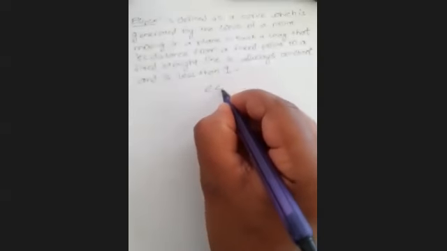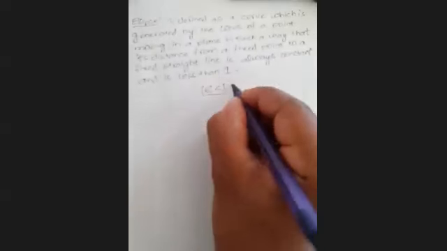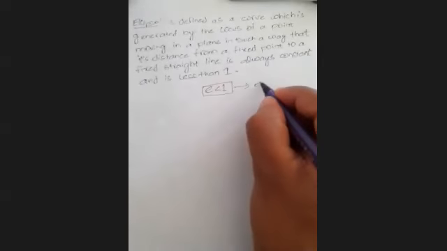So what we have written here, simply E is less than 1, then it is ellipse.